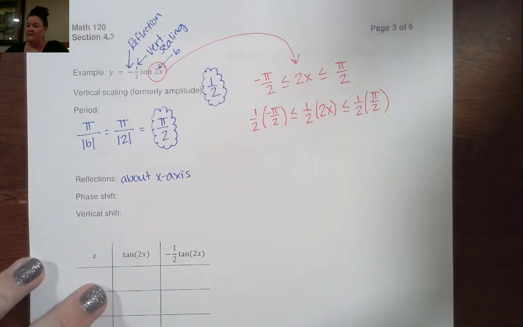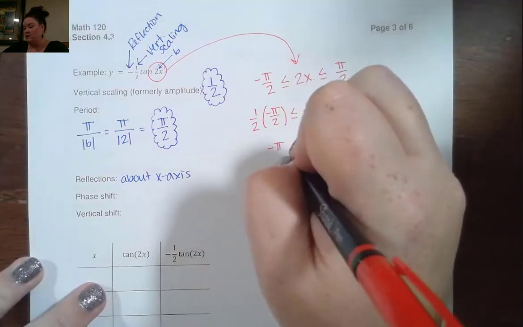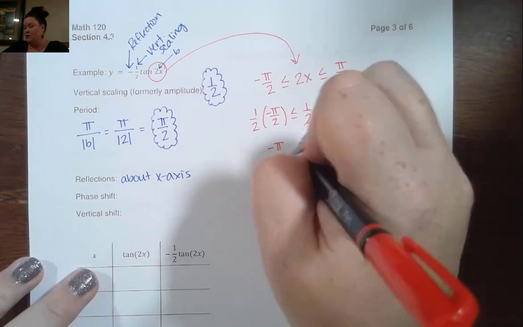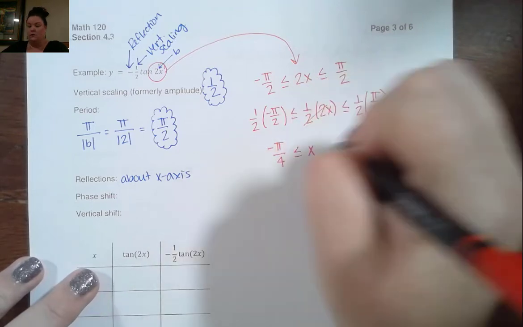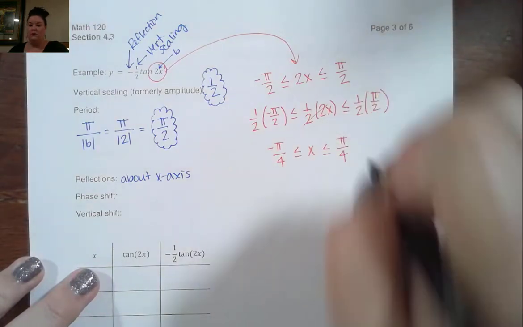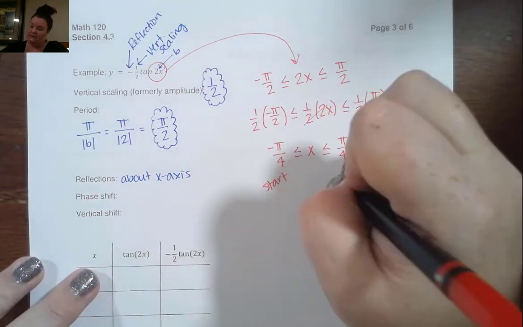Okay. That way my 2 and my half cancel, and what this tells me is that now my function is going to go from negative pi over 4 to positive pi over 4. Okay, so this is my start, this is the end.